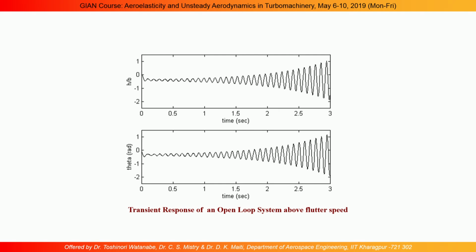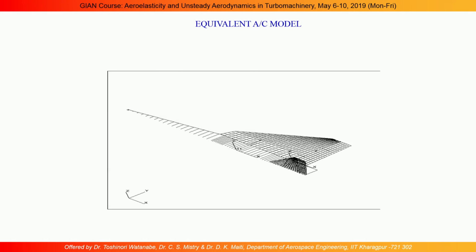I will show you this simplistic equivalent aircraft model, where the fuselage is taken as a planar form, the wing is taken as a planar form, and there is a vertical fin with a movable part, a control surface, and the wing also will have a movable part.